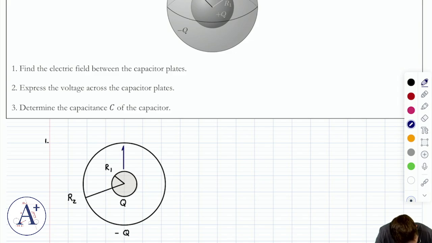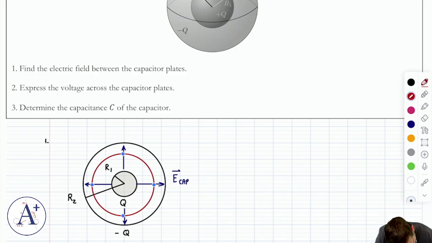I know that from the symmetry, it's going to be a radially outward electric field. I'm going to go ahead and call it E cap directly because it's going to be the electric field of this capacitor. And if I want to figure out what it is, I choose a Gaussian sphere that lives in between the two spheres with the radius little r, and an outward normal, dA, that is along the electric field everywhere. So we've done this a million times.